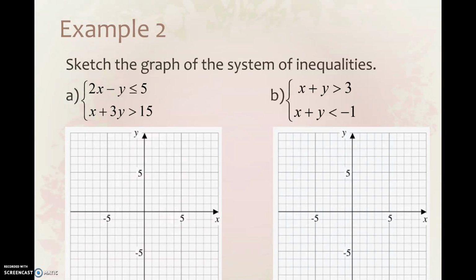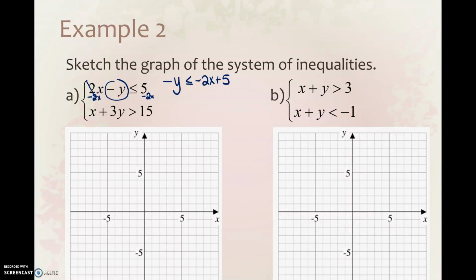In example 2, the problem here is that we're going to have to rearrange these equations before we graph them. So in example 2a, this first equation, we would need to subtract 2x on both sides. When we subtract 2x on both sides, notice we are left with -y is less than or equal to -2x plus 5.